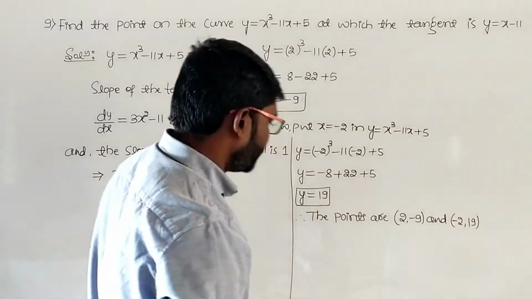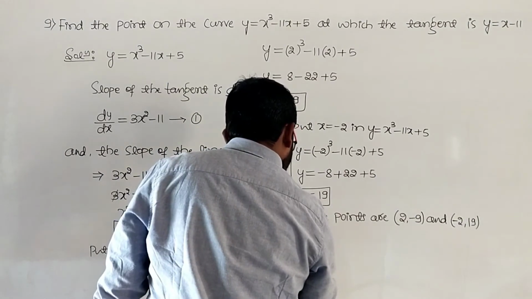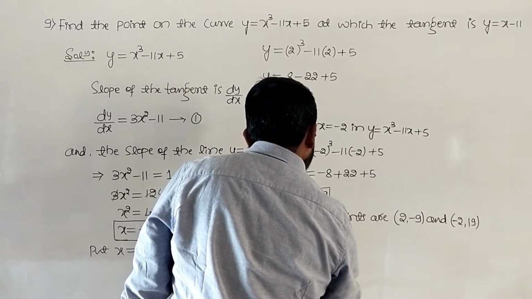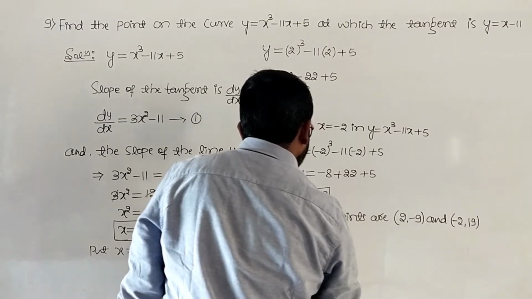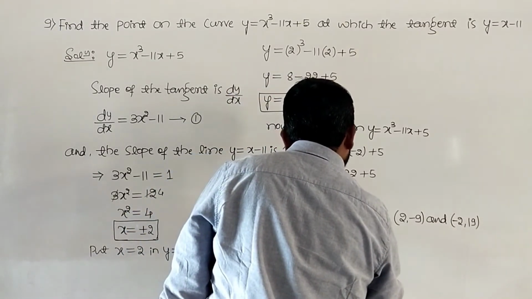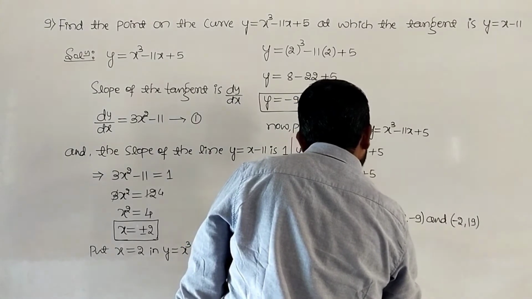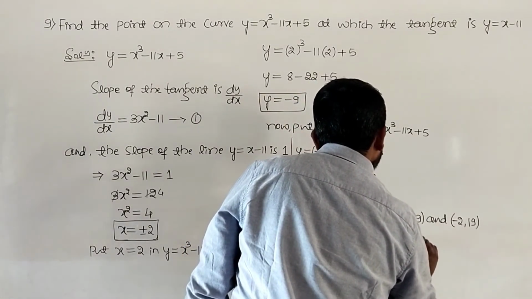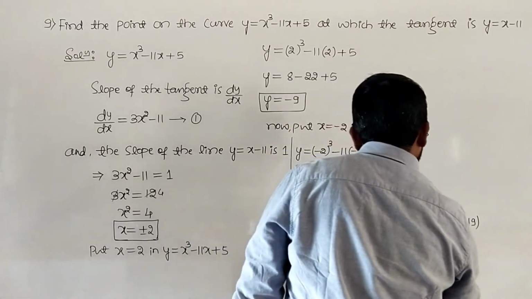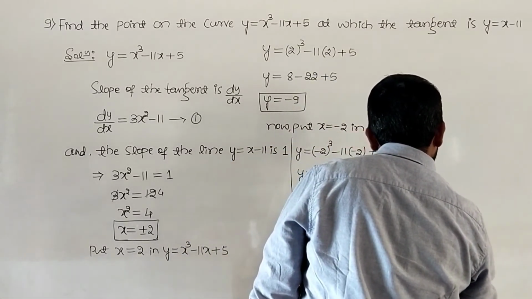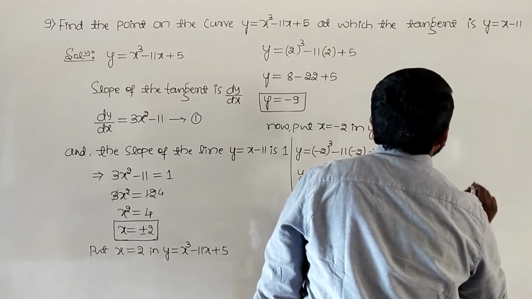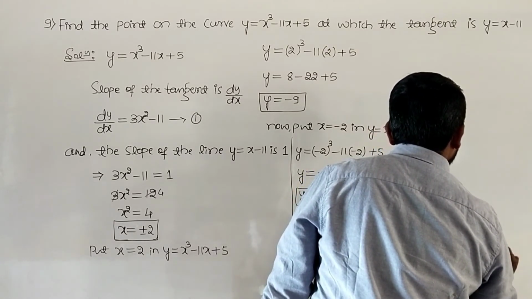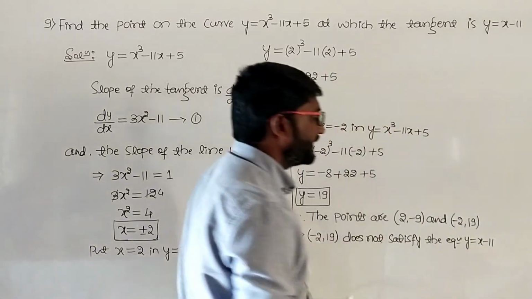Here we will have to write, this implies minus 2 comma 19 doesn't satisfy the equation y equal to x minus 11.